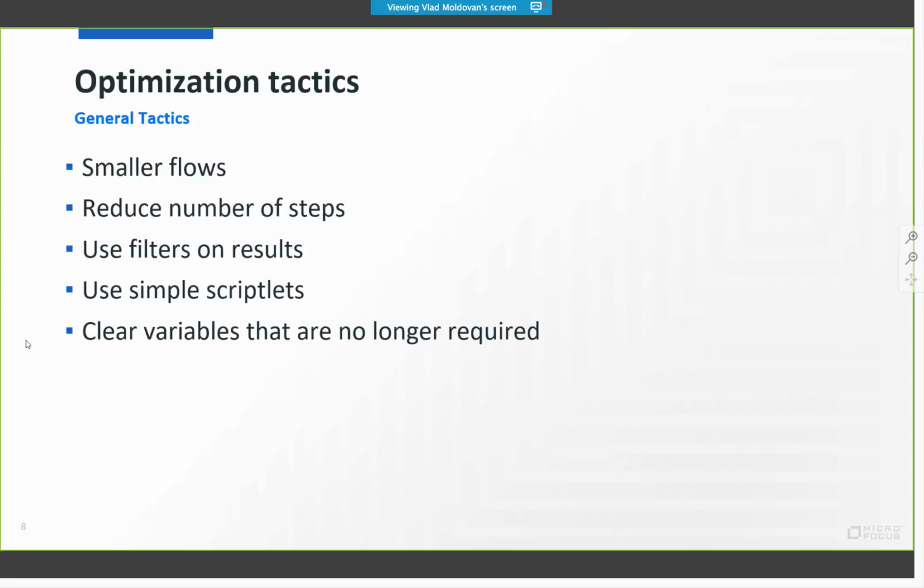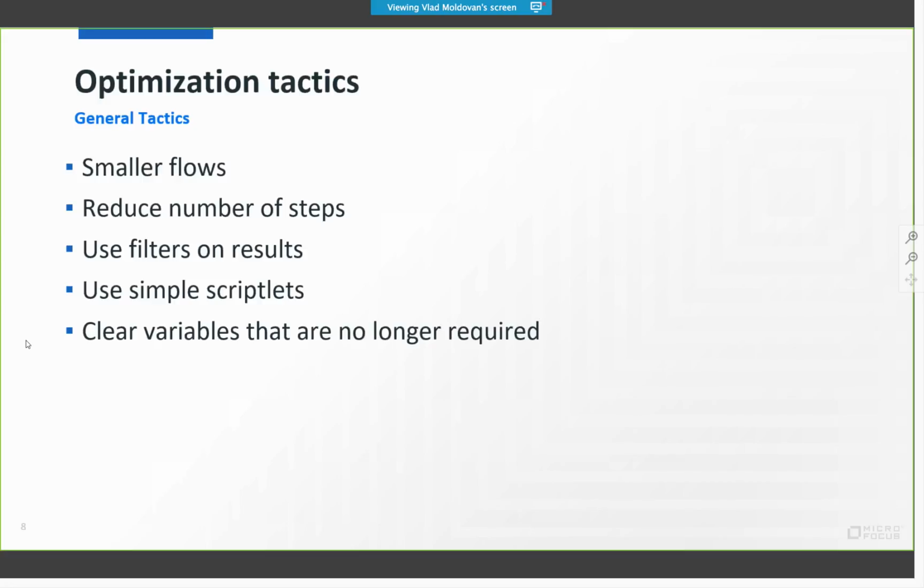Last but by no means least, clearing variables that are no longer required. Again, there may be situations where it cannot be helped. You have to pass a lot of data and have some more functionality than you would like.